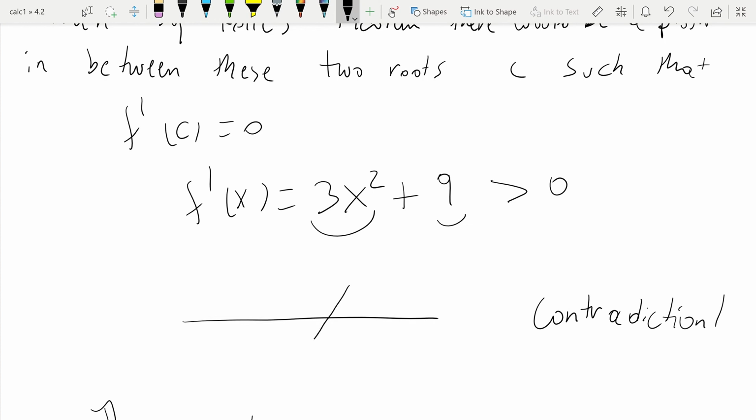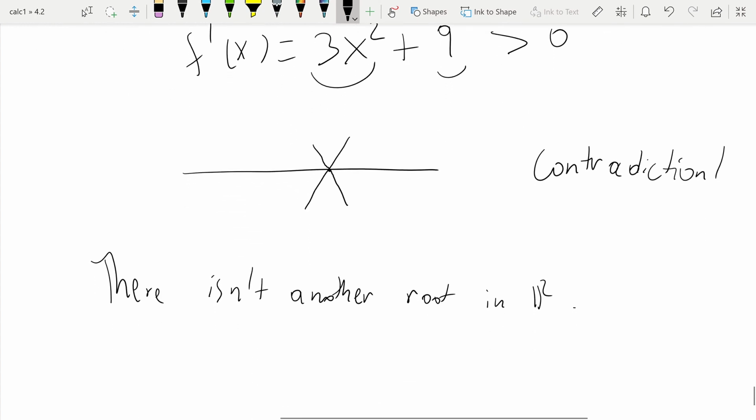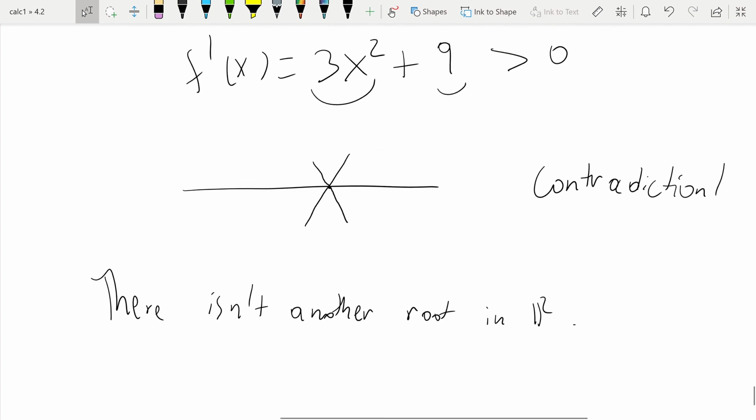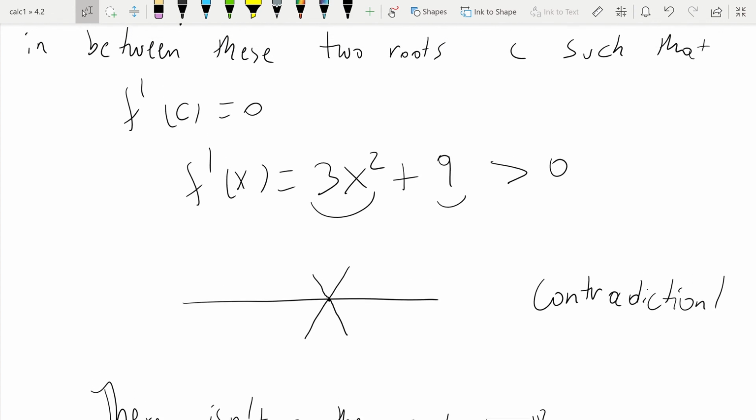The application of the theorem is always like that: assume that there's another root, and you will find a contradiction with Rolle's theorem. Whenever you take the derivative of that function, you will find out that the derivative is always negative or always positive. Okay, so that's it. That ends our Rolle's theorem section.